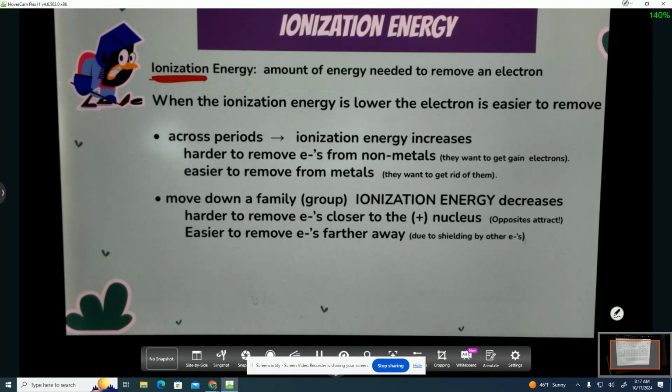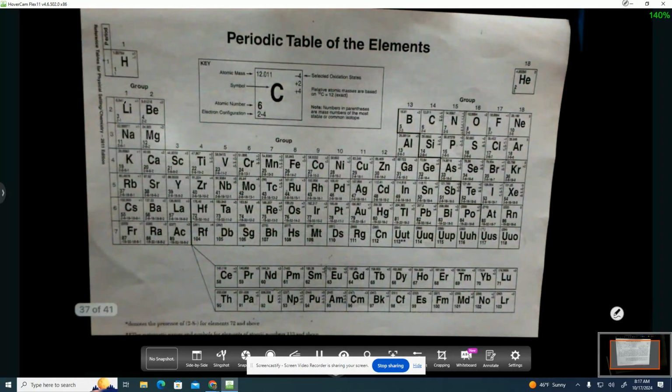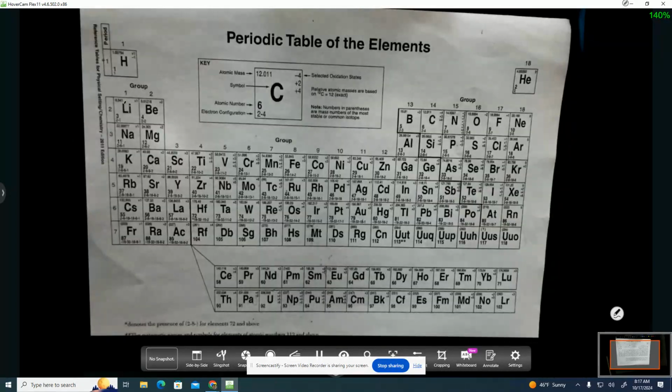Okay? And what happens to that ionization energy as you go down a group from here to here? Does it get easier or harder to remove? It gets easier to remove. So its ionization energy is going to be lower down here than it is up here. And as I go across a period, what happens to its ionization energy?